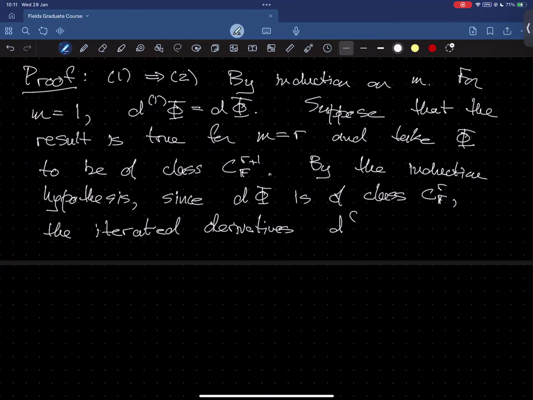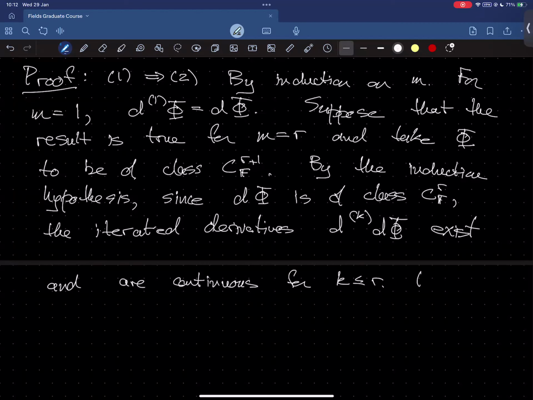So d^k d phi exist and are continuous for k less than or equal to r. Yes, that's the induction hypothesis. All right.